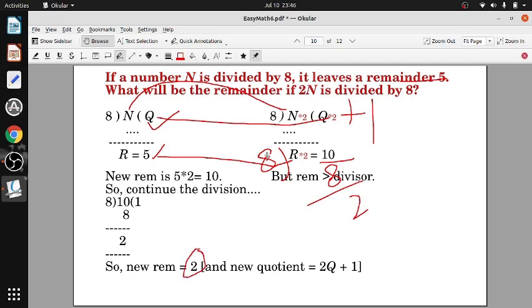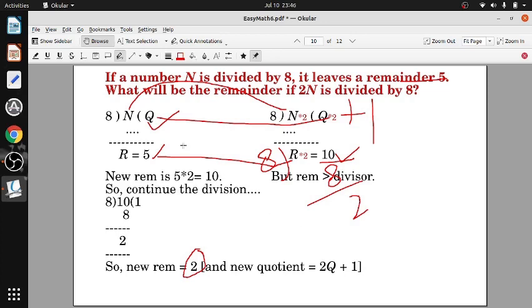What we do is continue the division. Since we are getting a remainder bigger than the divisor, continue the division. और जाएगा one more time. 8, one more time 8, and remainder 2.